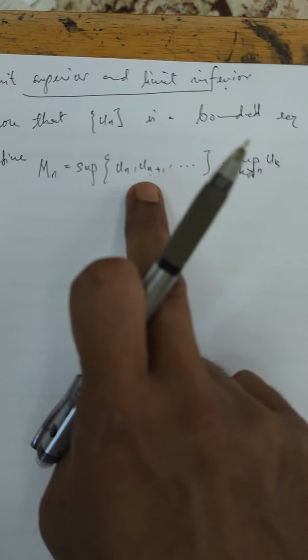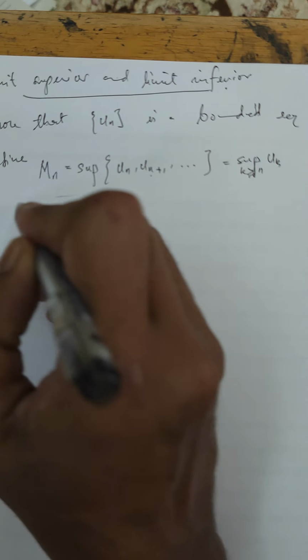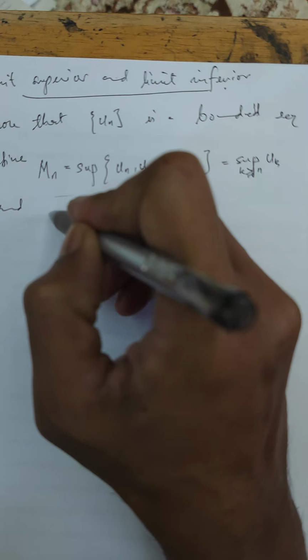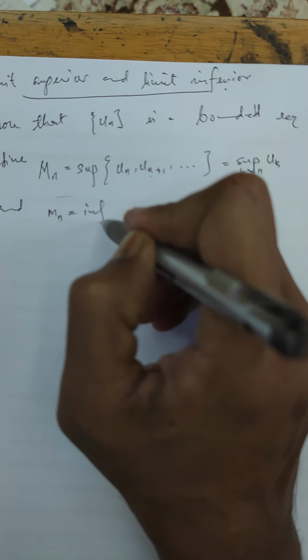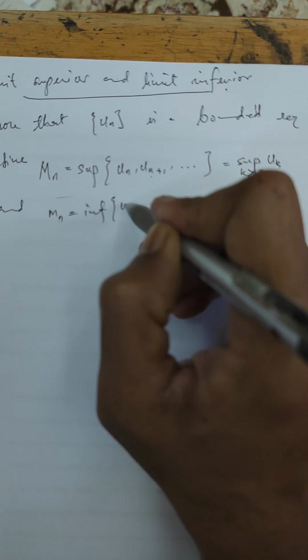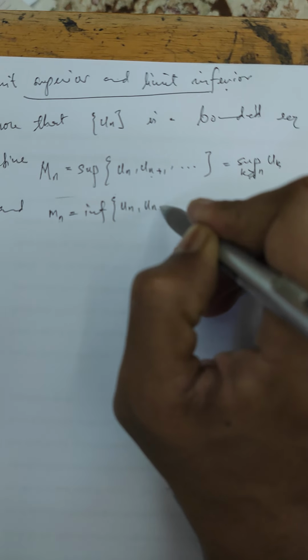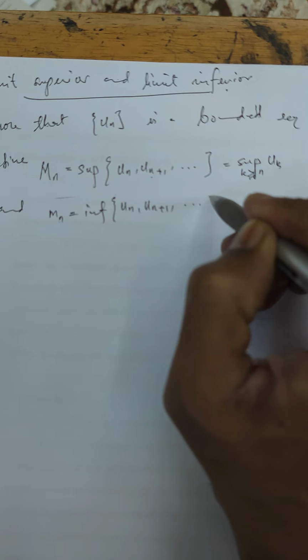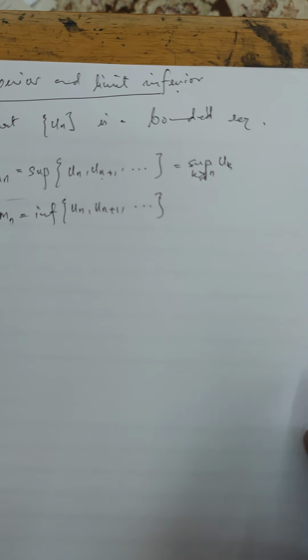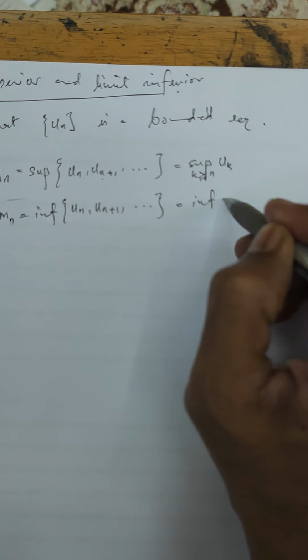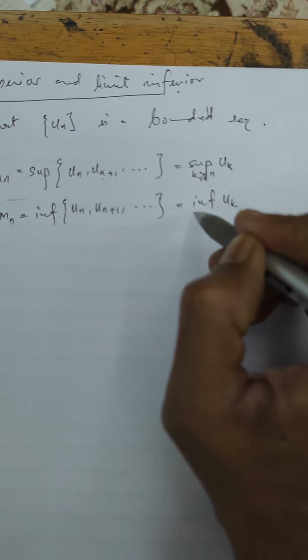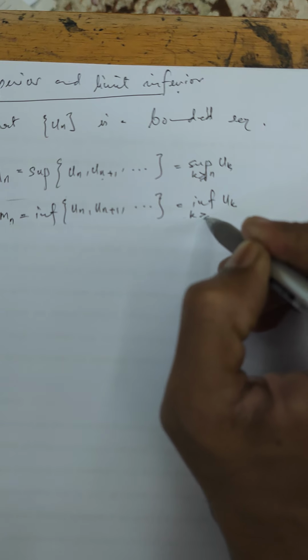This is the same meaning. And we define small mn as the infimum of Un, Un+1, and so on. We denote this as the infimum of Uk for k greater than or equal to n.